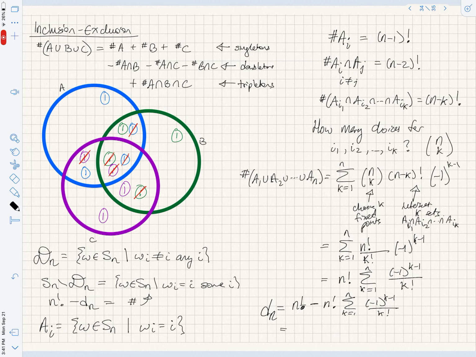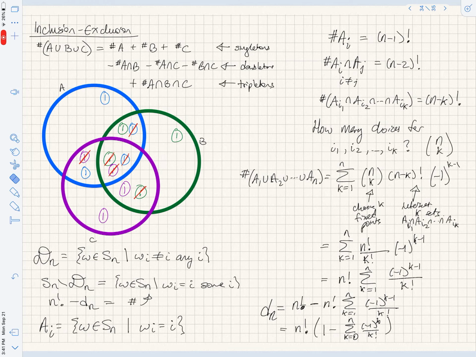Which of course we can just factor out that n factorial, and we can distribute that minus sign in there, and we're going to get 1 minus the sum from k equals 1 to n of minus 1 to the k over k factorial. But of course, 1 is the same as minus 1 to the 0 over 0 factorial.